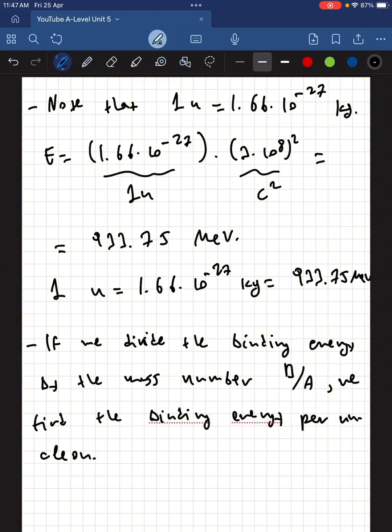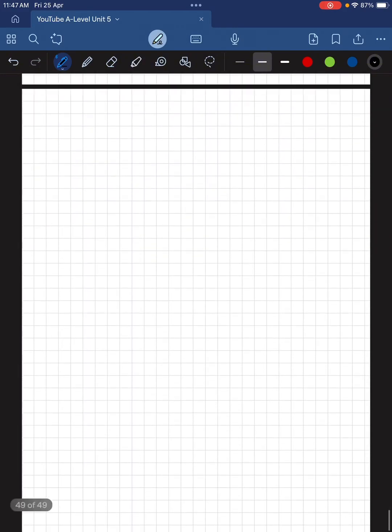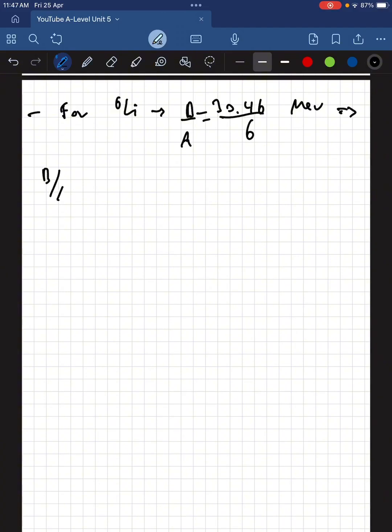And we will talk more about it, but let's go find that for lithium-6, since we just calculated the binding energy. So for lithium-6, B was 30.46 MeV. So if I divide to find the binding energy per nucleon, we divide by 6. So B over A is 5.08 MeV per nucleon for lithium-6.